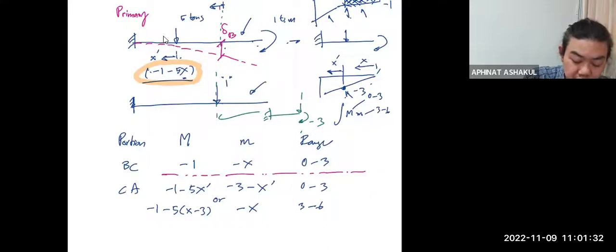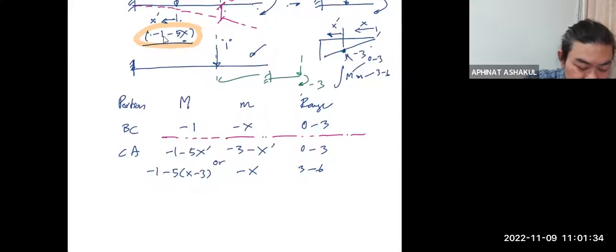So if you choose to do this, I can write it down for you so that you see the better picture.